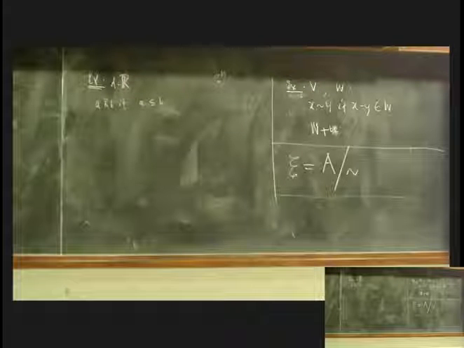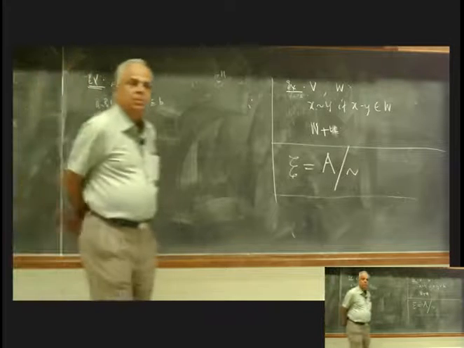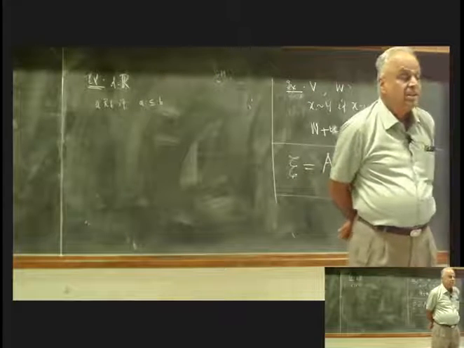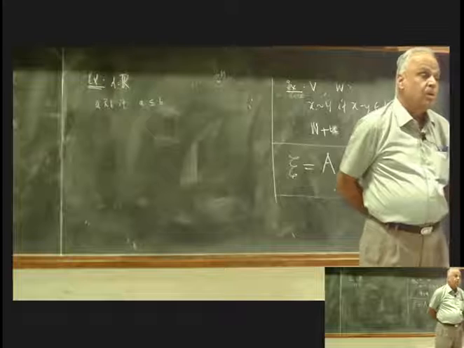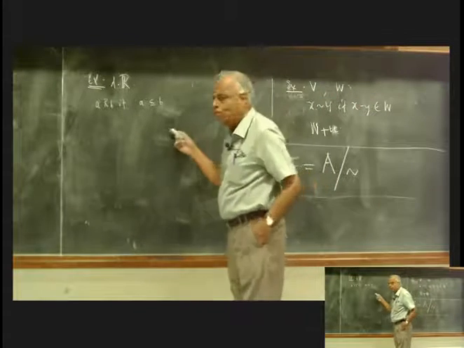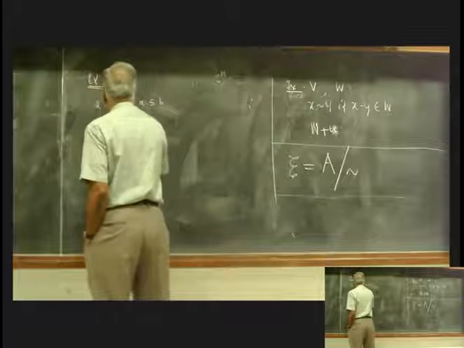It is reflexive because A is less than or equal to A, either less or equal, equality is there. Antisymmetric, if A is less than or equal to B and B is less than or equal to A, then A is equal to B. And transitive, if A is less than or equal to B, and B is less than or equal to C, then A is less than or equal to C. This is a model to start with, but don't get carried away by this model. There are some things that happen with this model that will not happen to others. So this is a partial order relation.